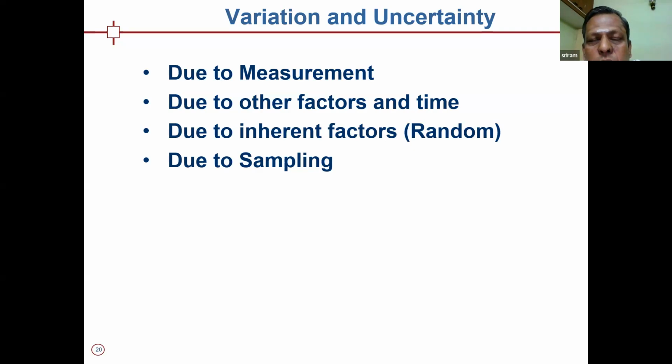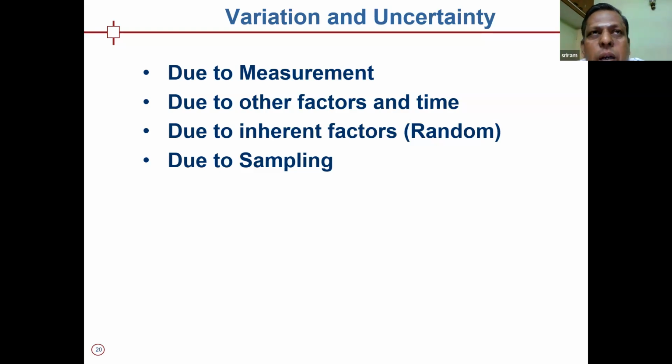This variation due to measurement is measured in statistics by reliability and validity. I'm not getting into that now. Every measuring instrument you are using, you have to ensure that it is reliable and valid, meaning the variation due to measurement is in control. Otherwise, I can ask whether your measuring instrument is reliable or valid.